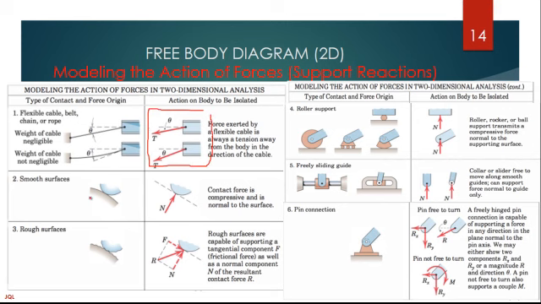When it is a smooth surface, this body can still translate in this direction. So there is only one direction where it cannot translate. Why? This is where it is resting.